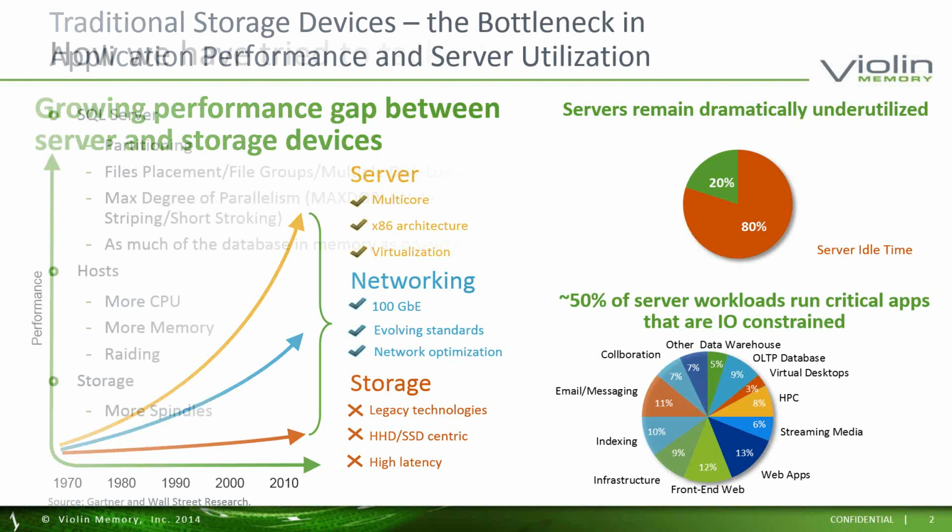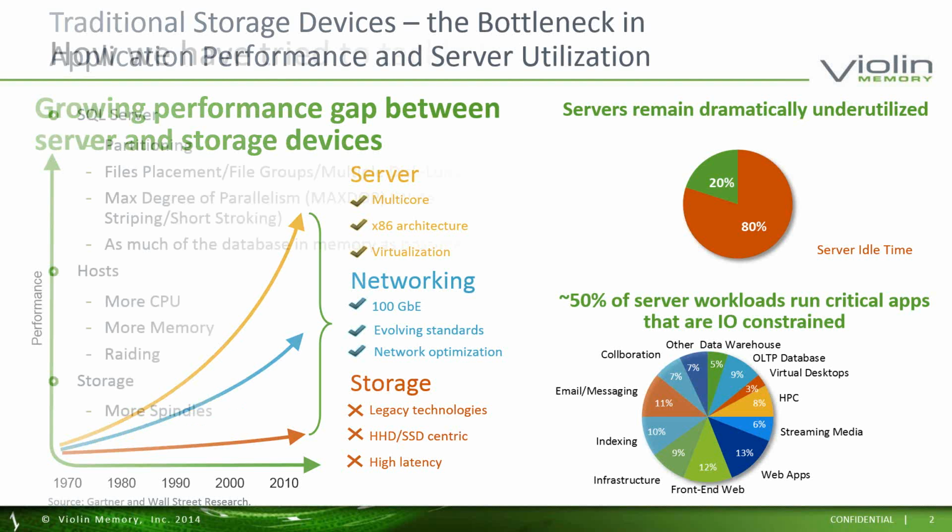As DBAs, we have tried many different ways to tackle the issue: partitioning, file placement, multiple file groups, multiple disk LUNs, setting your max DOP to 1, and short stroking or wide striping across your disks. Keeping as much of your database in memory as possible.